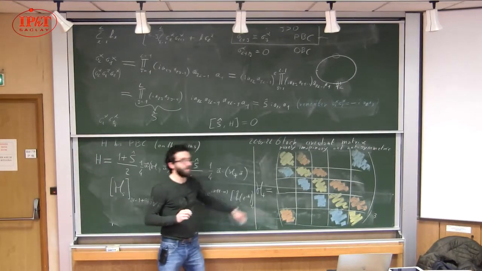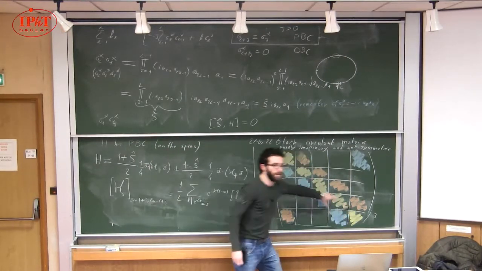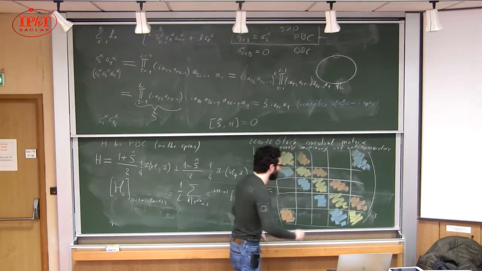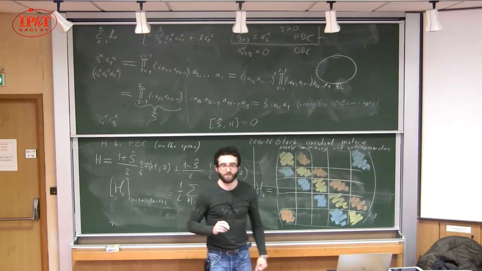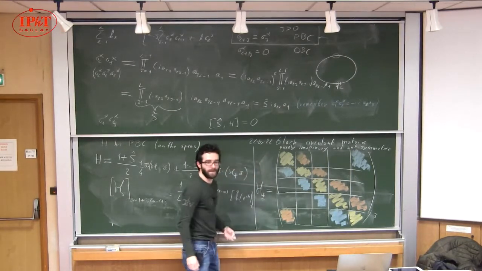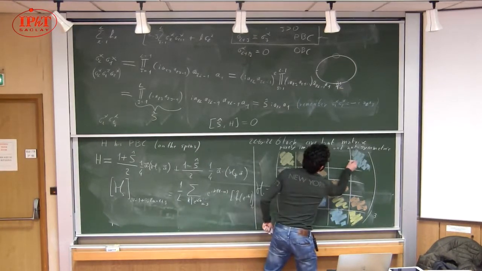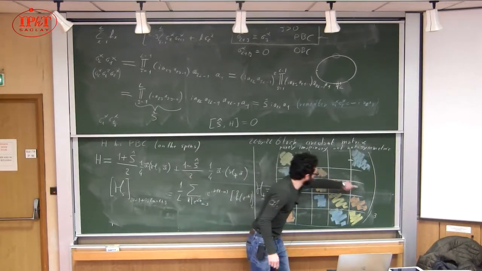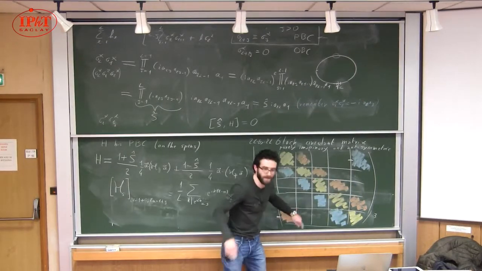What happens when you consider H minus? H minus again has the same form in the bulk with the same elements, so it doesn't change. The only difference is that these terms here have anti-periodic boundary conditions. So it means that now you have a minus sign here, here and here, and you will have the minus sign on all the other diagonals, and so on.